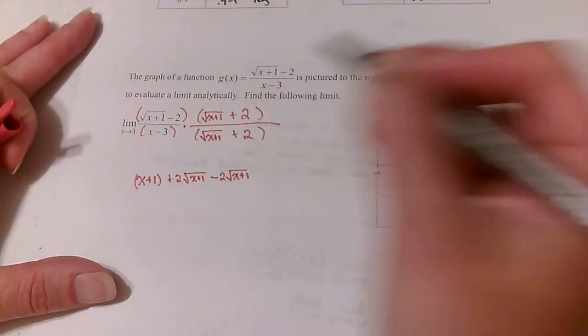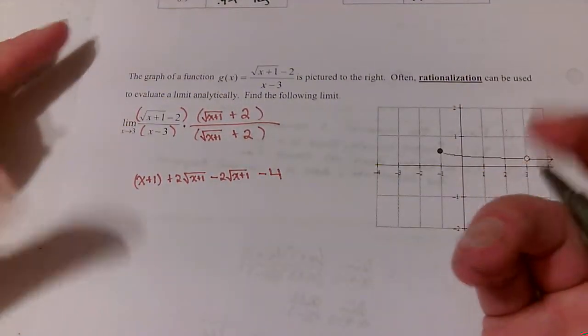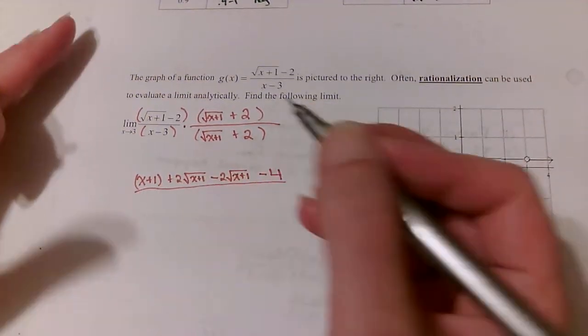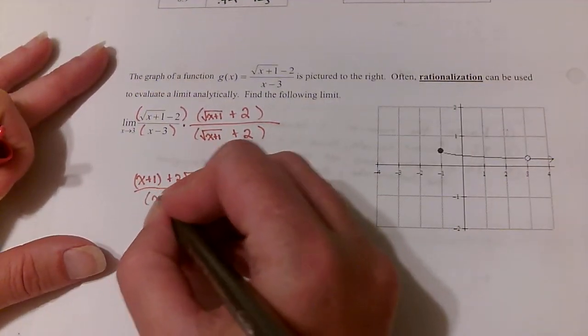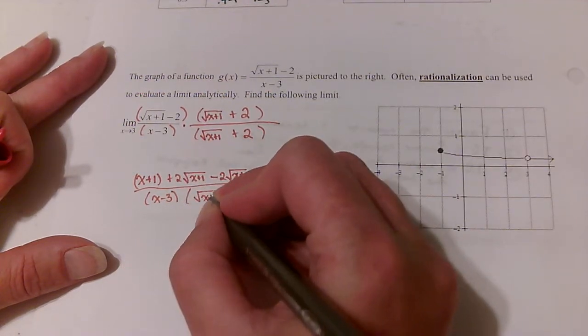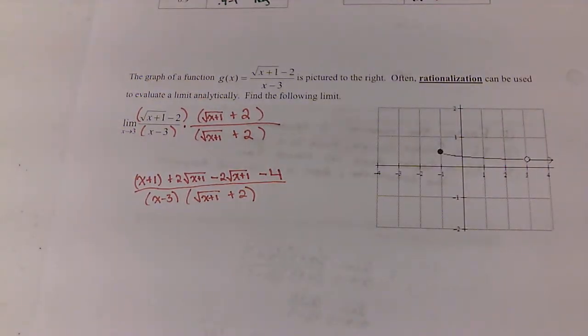Then we have negative 2 times a positive 2, which is a negative 4. Now in the denominator, hold up a second. You'll see why in a second. So x minus 3 times the square root of x plus 1 plus 2. I like to get the numerator all pretty first.